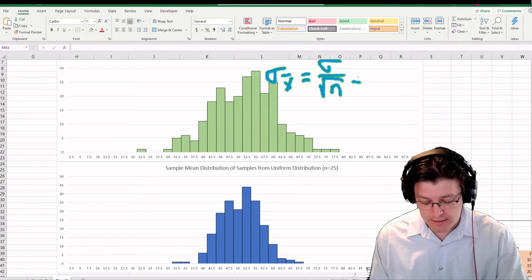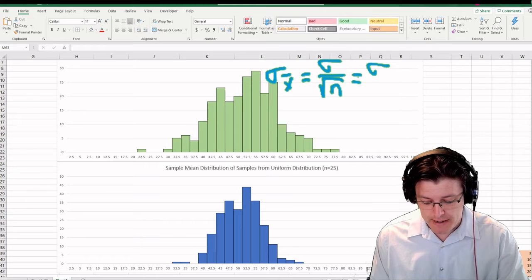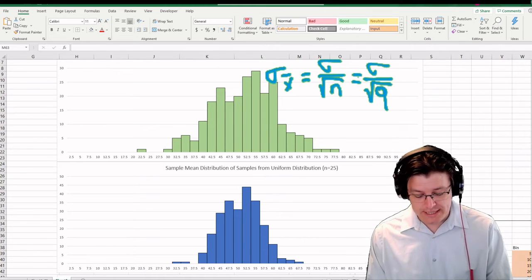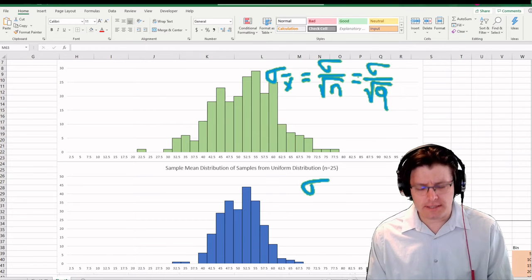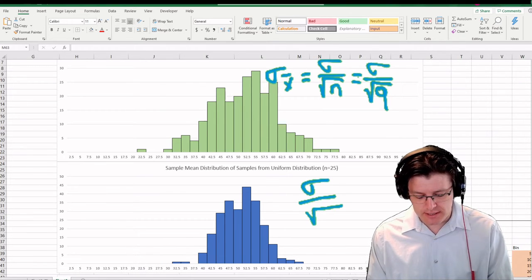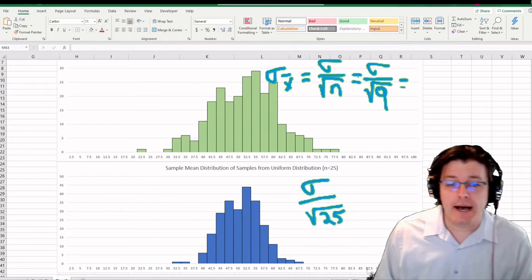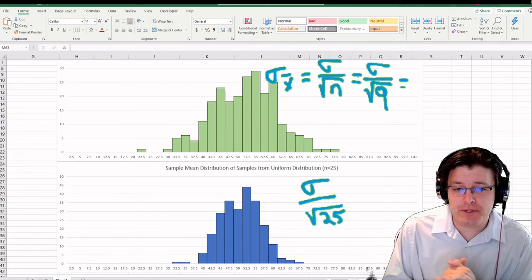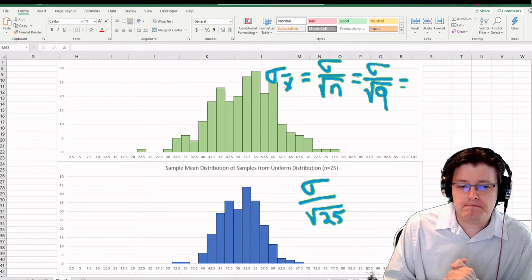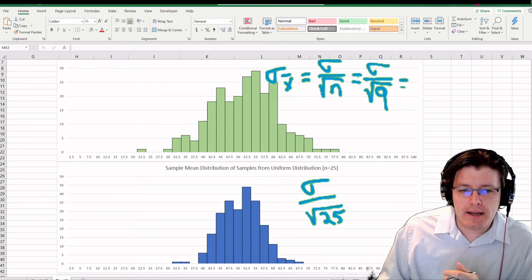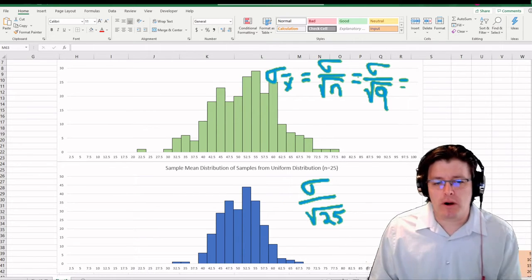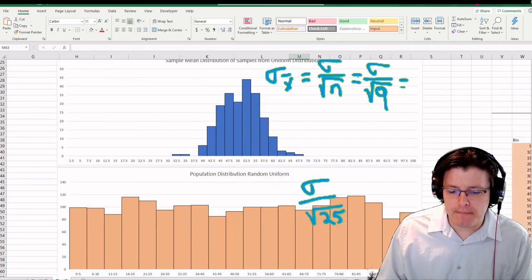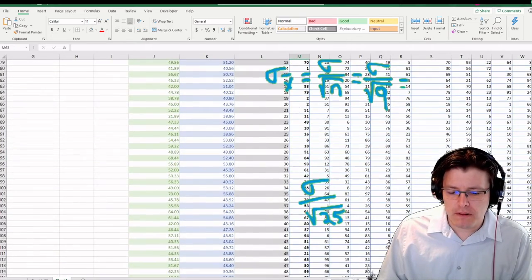In our case here, it's the population standard deviation divided by the square root of 9, whereas down here, it's the population standard deviation divided by the square root of 25. Okay, so of course that's going to be a smaller standard deviation. It's a tighter distribution. So we expect it to be more clumped in.